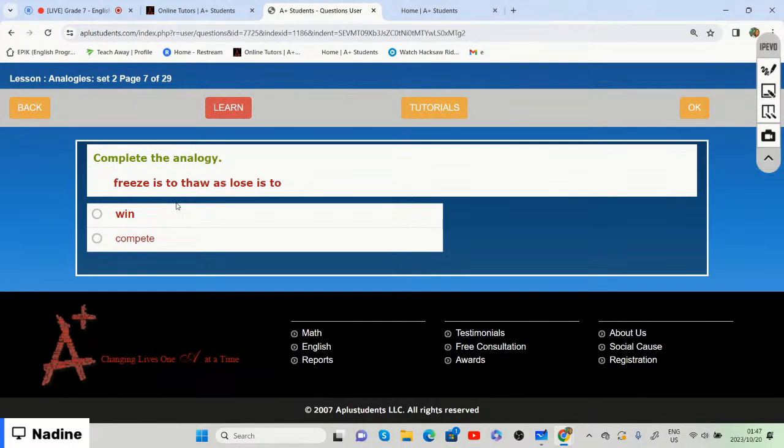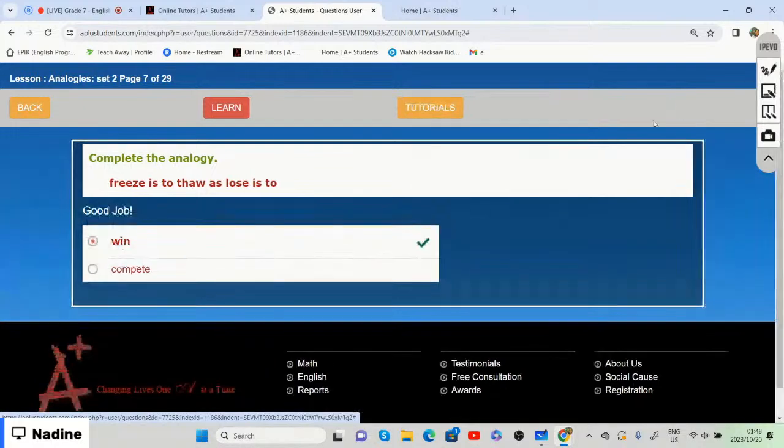So freeze is to thaw, as lose is to, do we say lose is to win, or do we say lose is to compete? And yes, we can say lose is to win, you lose some, you win some. Good job. Well done.